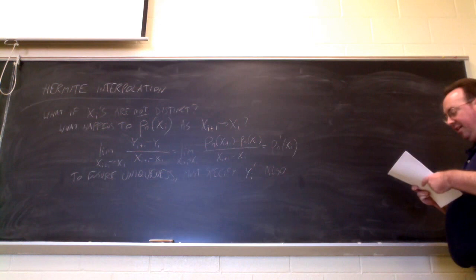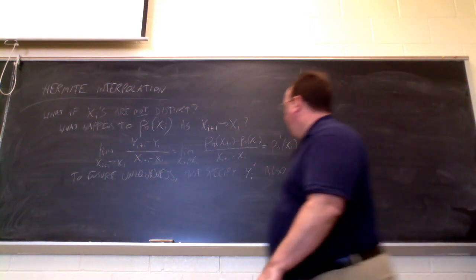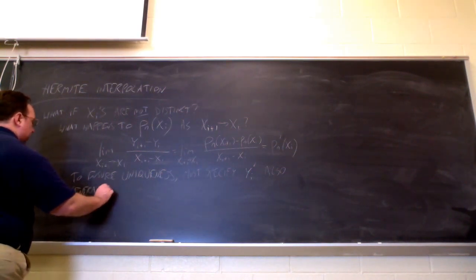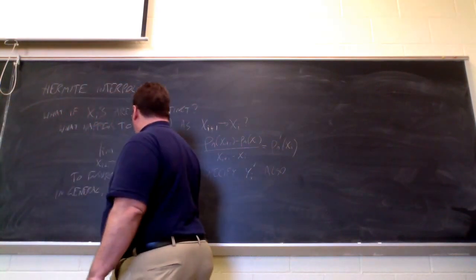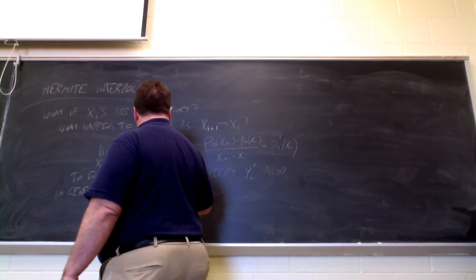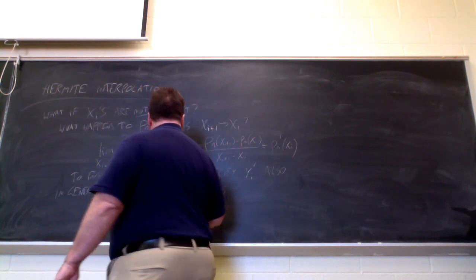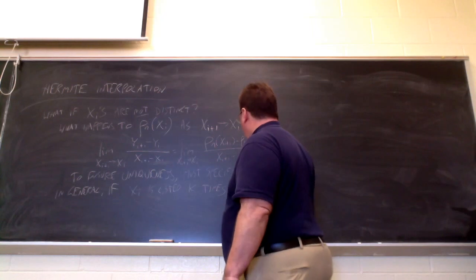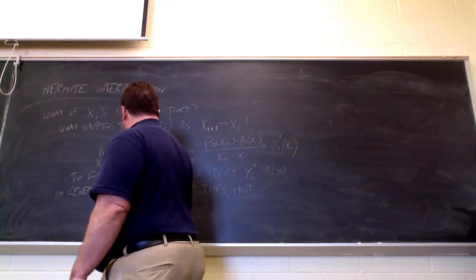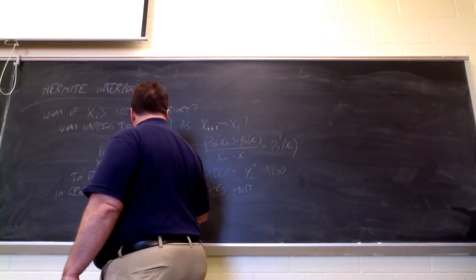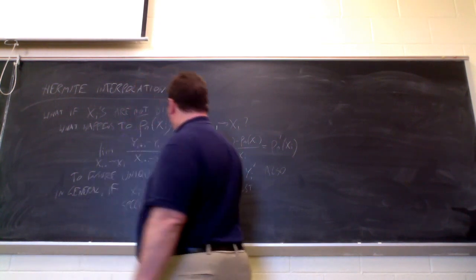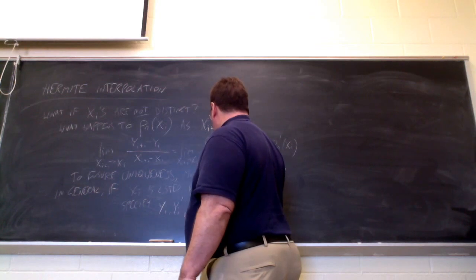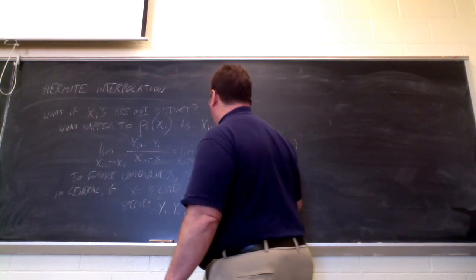Okay. Now, to be a little more general, if a certain x value is listed a certain number of times among your interpolation points, then again, to ensure uniqueness, you have to specify all the derivative values at that point: the y value, y prime value, double prime, and so forth, all the way up to derivative number k minus 1.